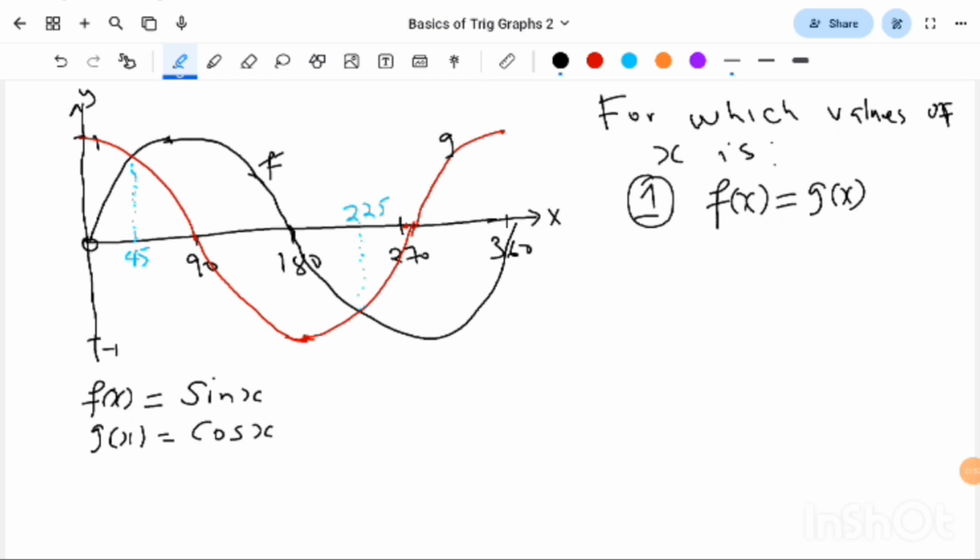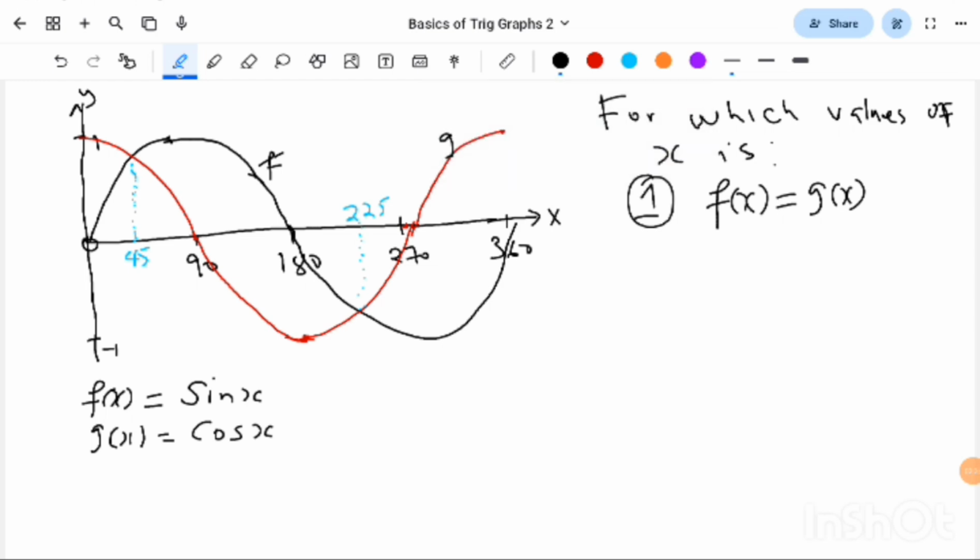What exactly are they asking us here, or what exactly are they testing us on? They want us to give the values of x where f of x is equal to g of x. In simple terms, it is where the two graphs intersect. So what is the value or values of x where the two graphs intersect?